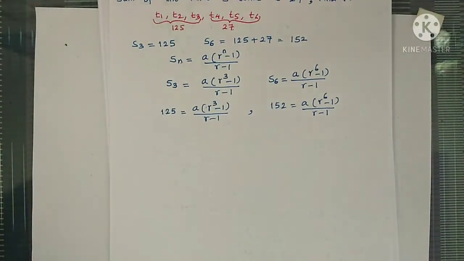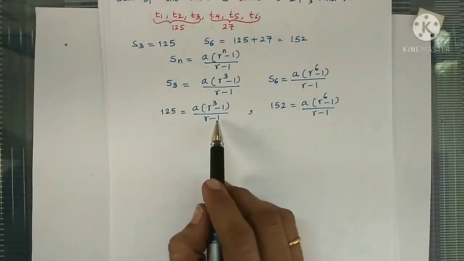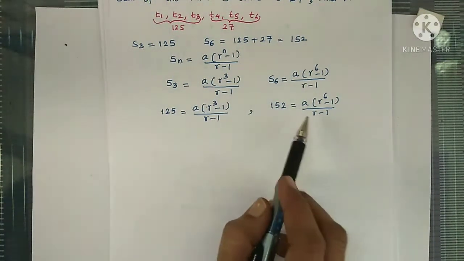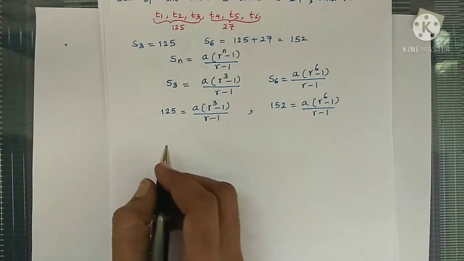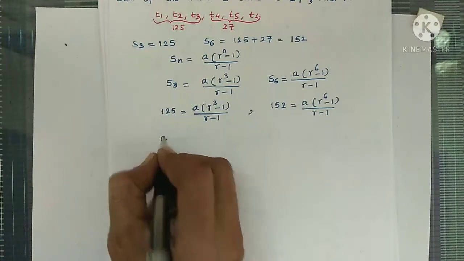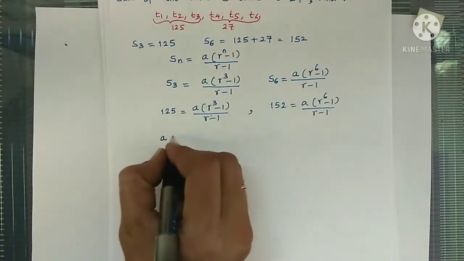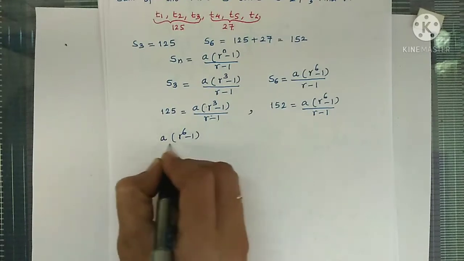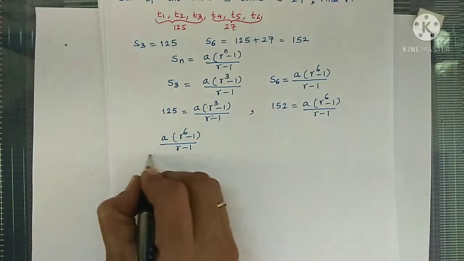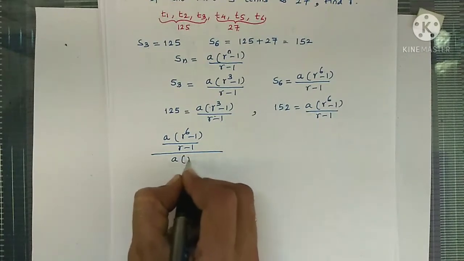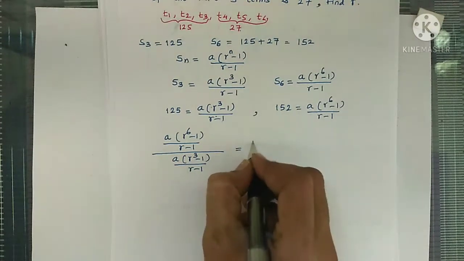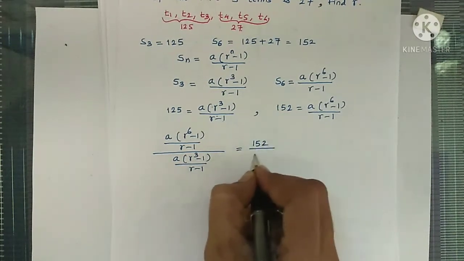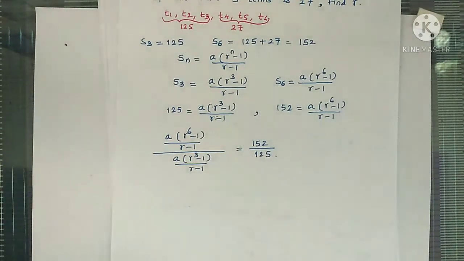In both the terms the denominator is r minus 1. So let's divide the second equation by the first equation, so that a and r minus 1 get cancelled and the equation will be in terms of r only. So a (r raised to 6 minus 1) upon (r minus 1), divided by a (r raised to 3 minus 1) upon (r minus 1), equals 152 divided by 125.